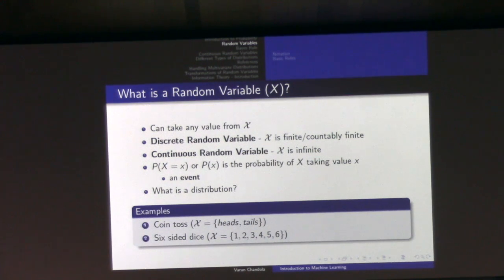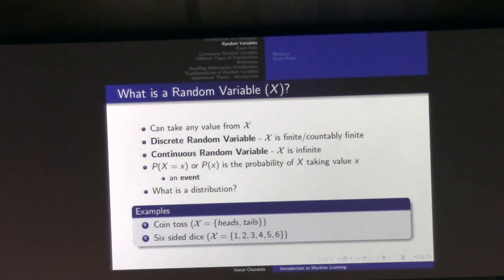However, if you are looking at something else, like, as I said, temperature, it can take infinite possible values. So it will be random, but it would be continuous. All right. So we typically associate a probability with that random variable taking a value. When I say P of X, because probability is always associated with an event, right? Probability of a coin toss. It's not the probability of a coin, but the probability of what you observe when you toss a coin, right?